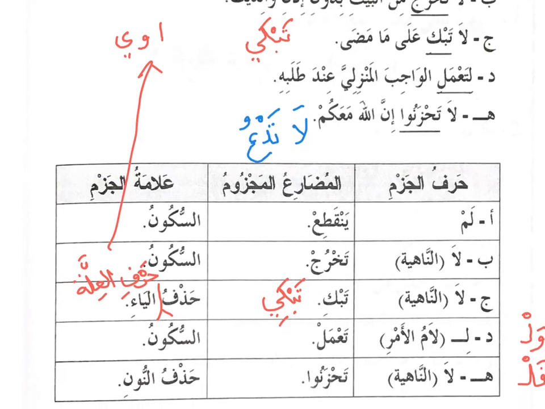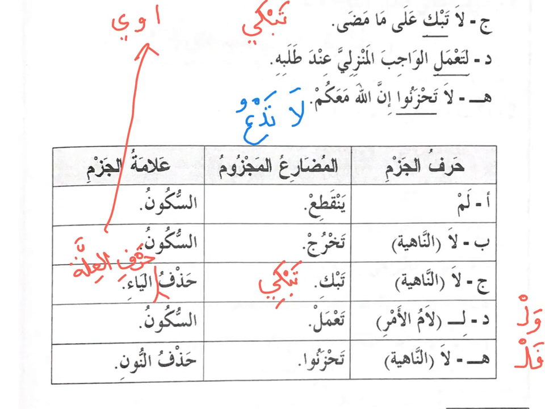Now we look at the last example. Ha, la tahzanu, do not be sad. If you look at this fi'l tahzanu, it actually ends with a waw and a nun. The actual fi'l is tahzanuna, which means you will be sad.